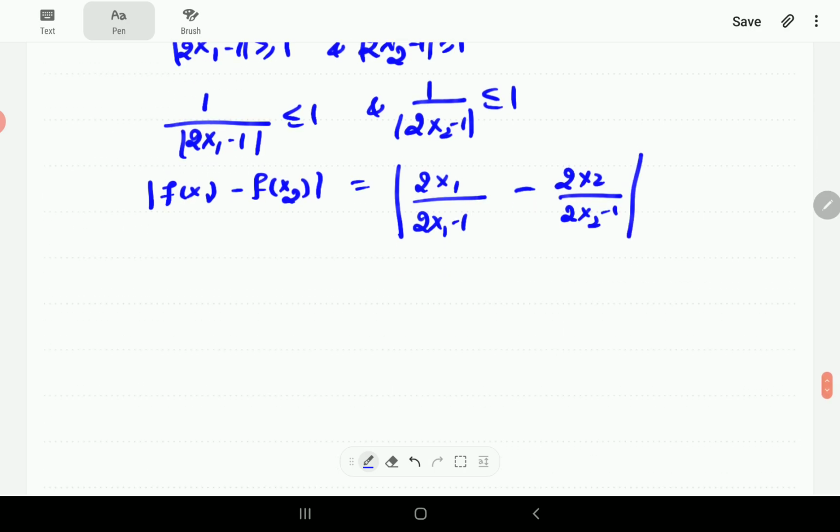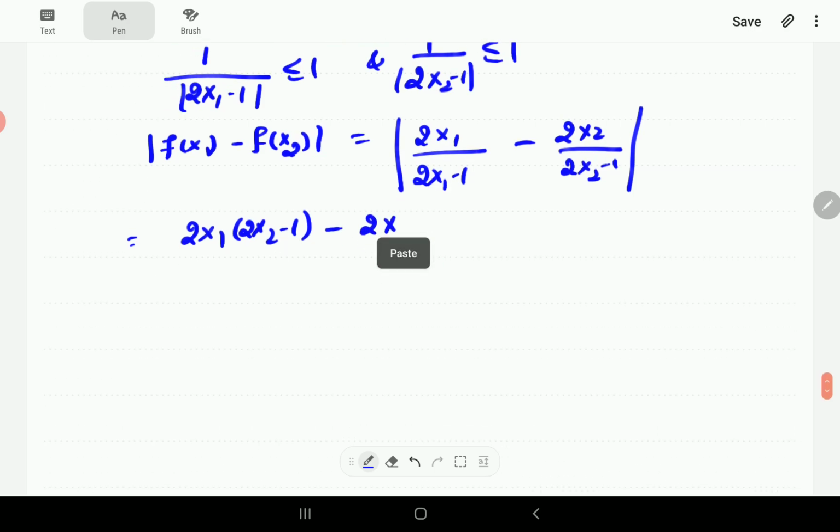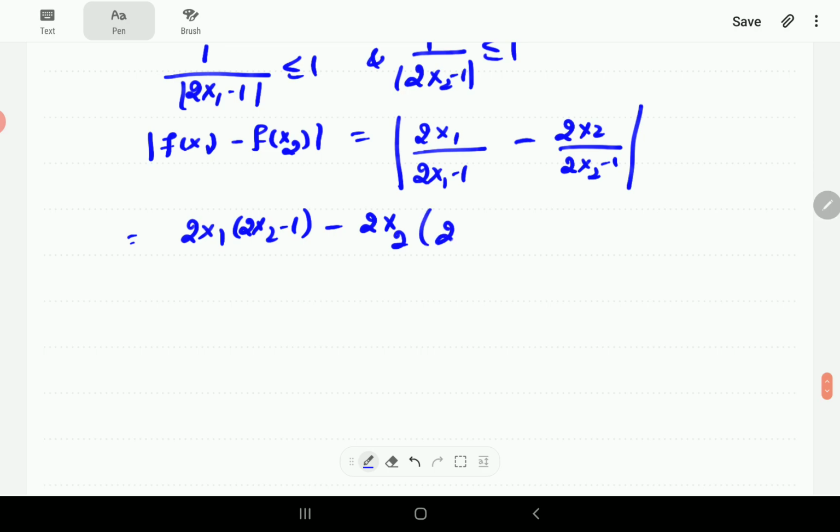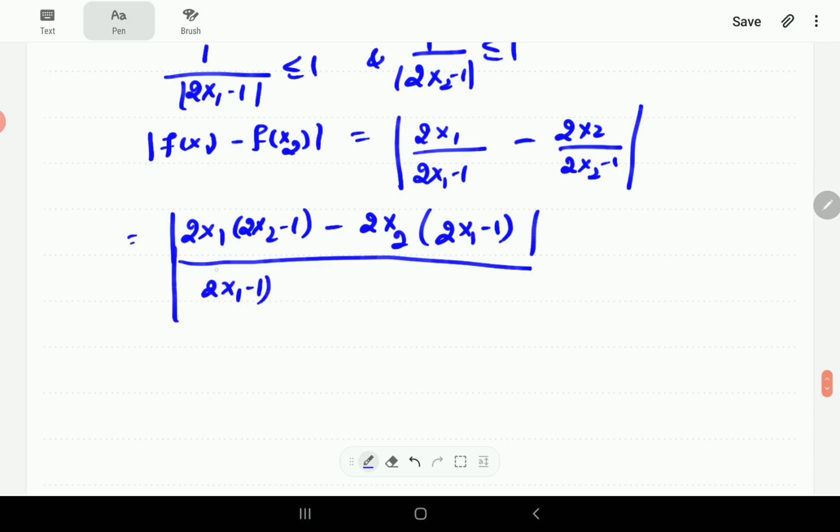So take the LCM and solve it. This will be the modulus of 2x1 into 2x2 minus 1, minus 2x2 into 2x1 minus 1, upon 2x1 minus 1 times 2x2 minus 1.